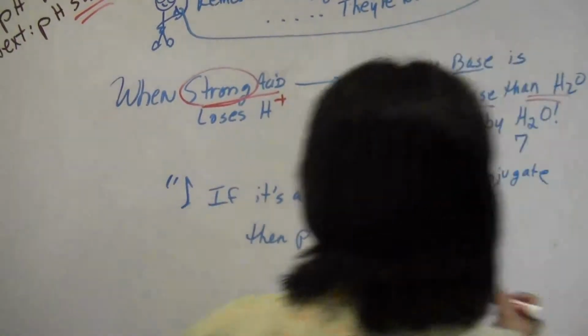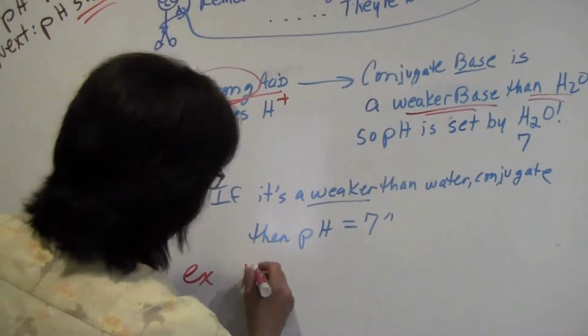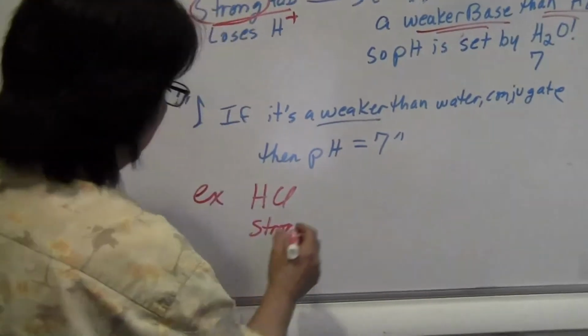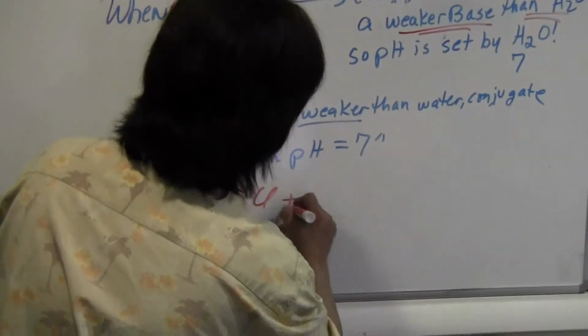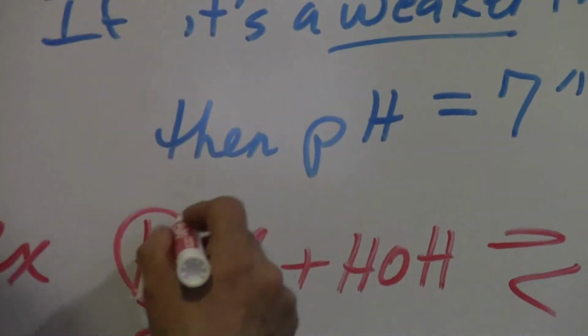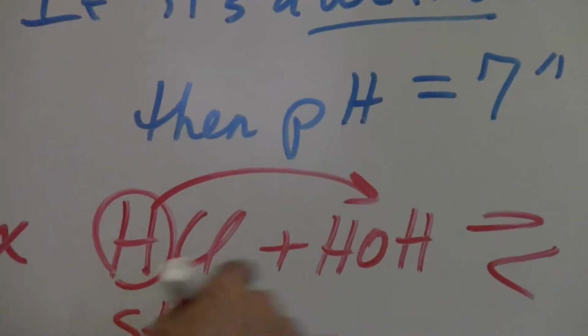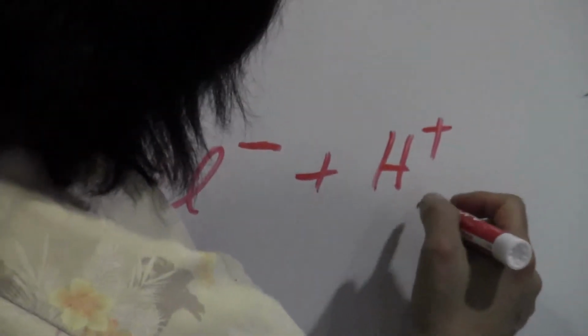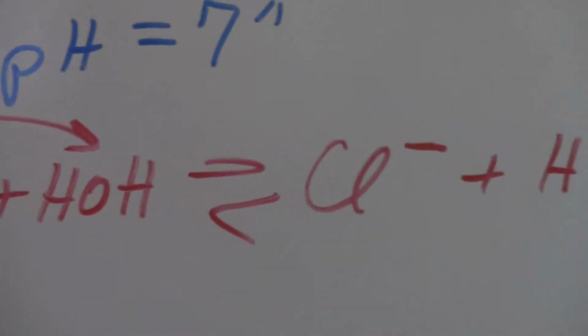Okay, so for example, if we start with a strong acid, hydrochloric acid, and we lose this hydrogen to water, then we're left with Cl minus, because it's lost a positive charge, plus that H3O plus, which we write as H plus.